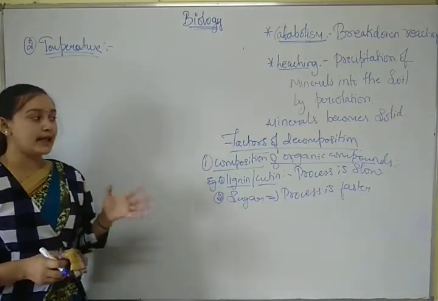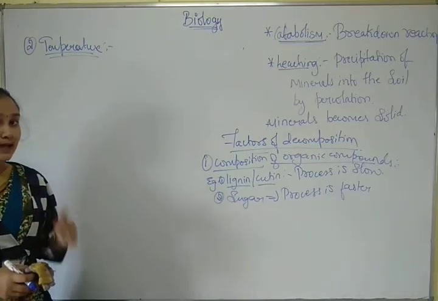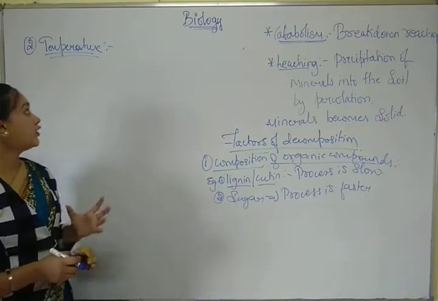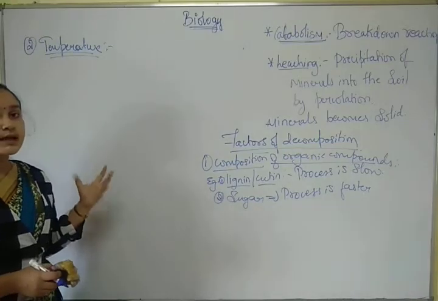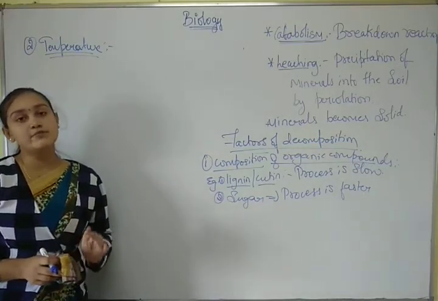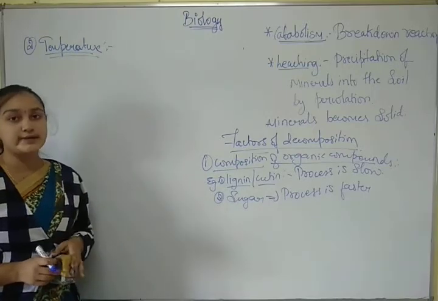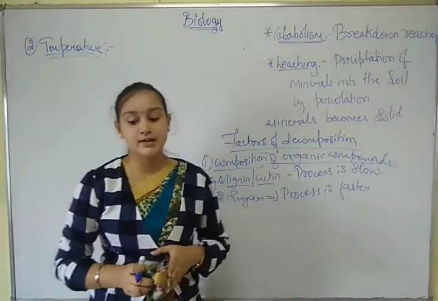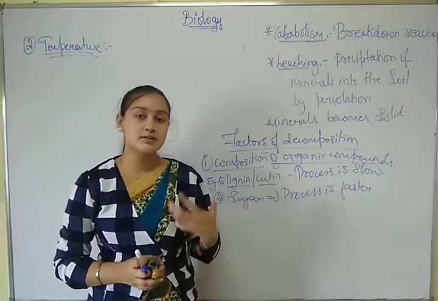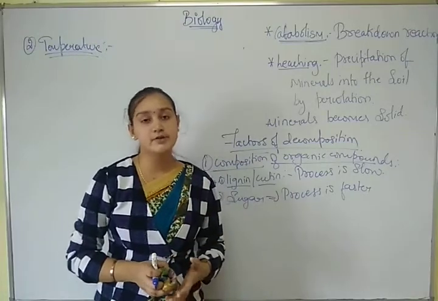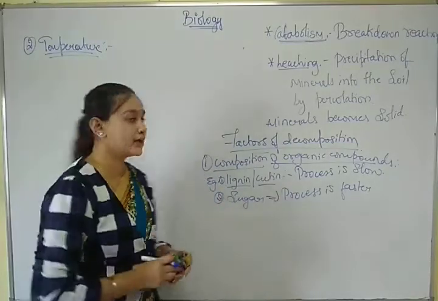Enzymatic activity needs temperature very much. In the presence of moderate temperature, the reaction will get faster. Moderate temperature is required for the enzyme. So the more moderate the temperature, the faster the reaction of decomposition.